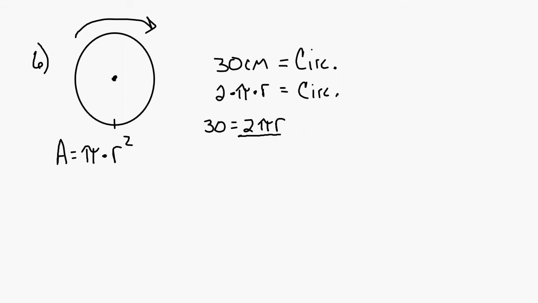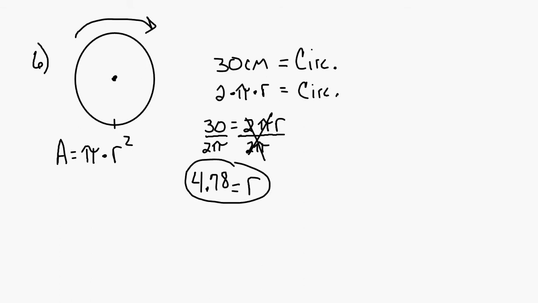If you divide each side by 2 pi, these will cancel out, and the radius is equal to 30 divided by 2 pi. 2 pi in the calculator, 2 times pi, 6.28. So take 30 and divide it by 6.28. And you get 4.78 as your radius.